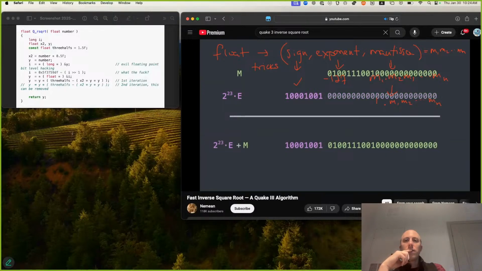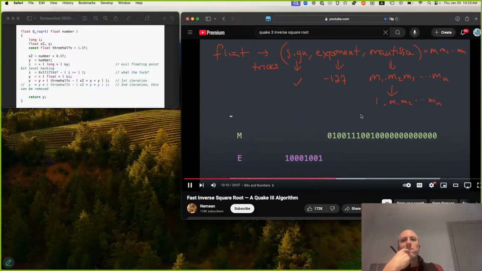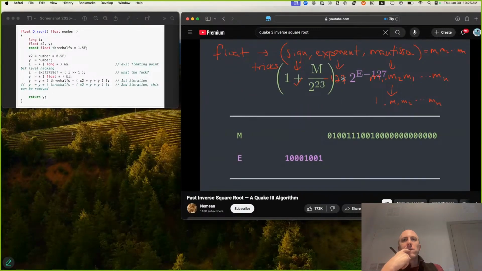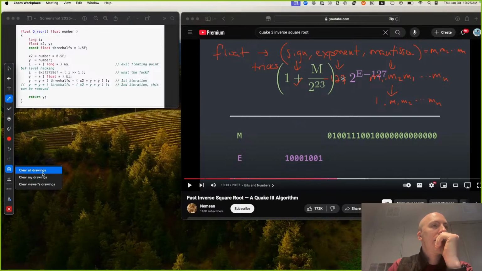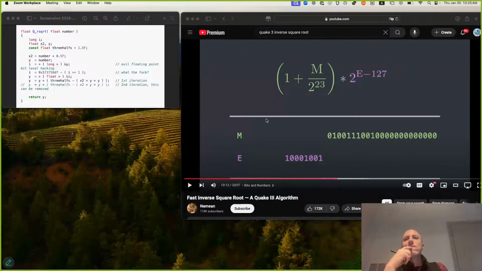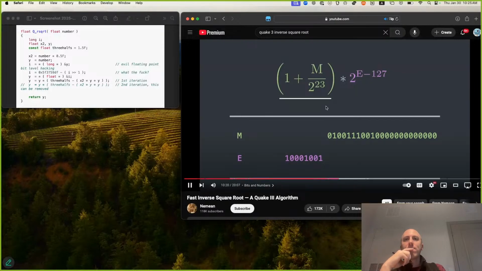So that's how one could write the bits, but we get the actual number behind the bits with this formula. This should seem familiar to you. Here we have the exponent with 127 subtracted from it, and here we have the mantissa with the extra 1 in front.